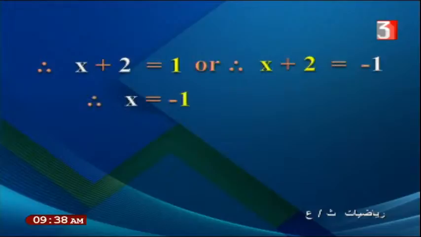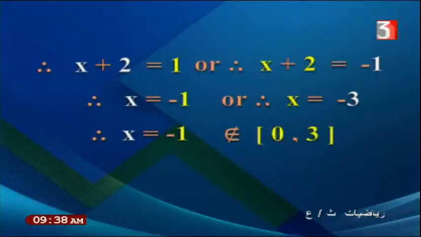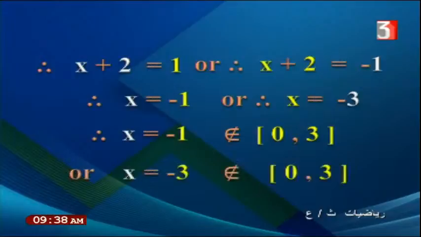Then x equals negative 1 or x equals negative 3. Note that x equals negative 1 does not belong to the closed interval [0, 3], and x equals negative 3 does not belong to the closed interval [0, 3]. Then we have two values of x, 0 and 3.